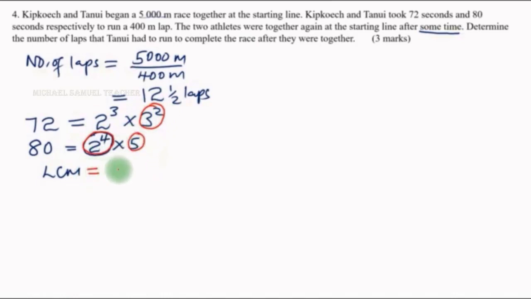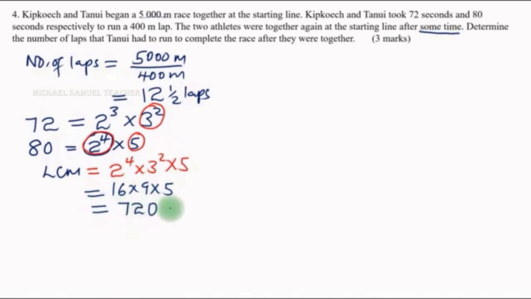So LCM in our case here will be 2 raised to 4 times 3 raised to 2 times 5. So if you work it out, this is 16 times 9 times 5, which is 720 seconds. So after 720 seconds, that is when they met.